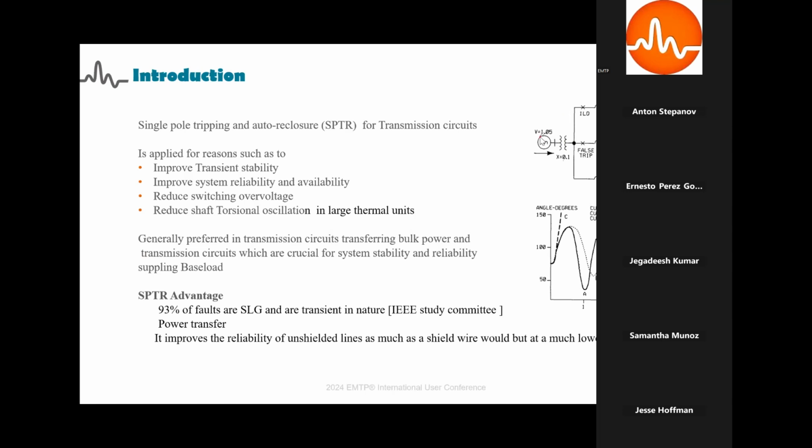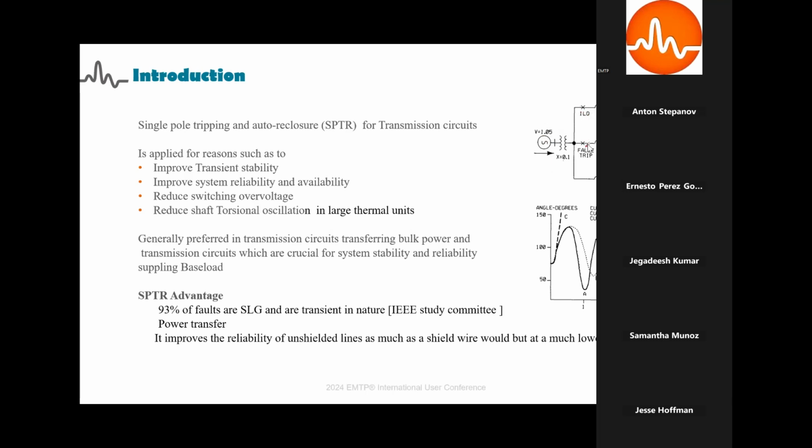Okay. So this is an example of how single pole tripping and auto reclosure helps in maintaining system stability. Here we have a system to the left feeding the load with three parallel feeders, and a single line to ground fault occurs in line 1.